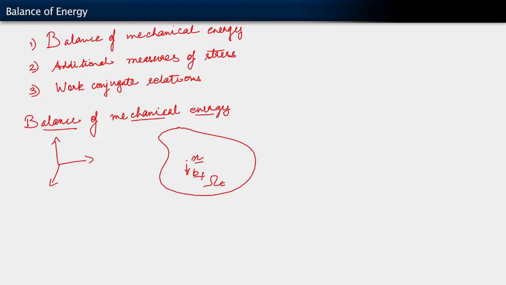And then we also know that if we have some subset of the boundary which we denote as the traction boundary, with its unit outward normal, we have a traction vector field on it. This is the setting we have.